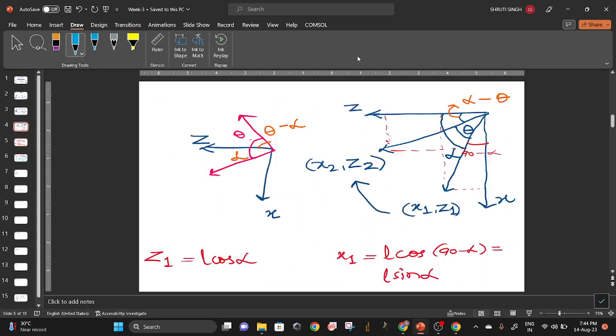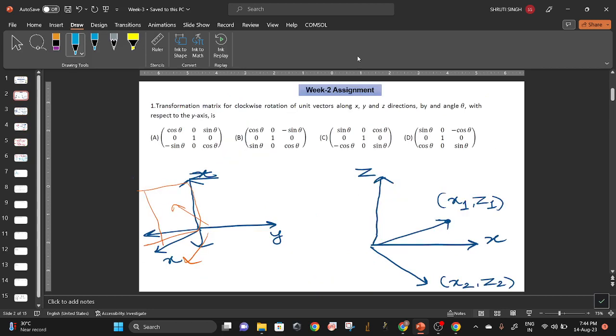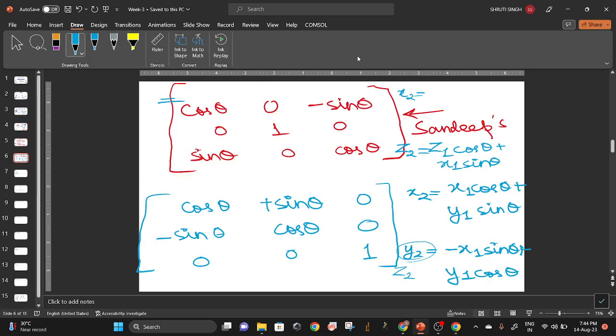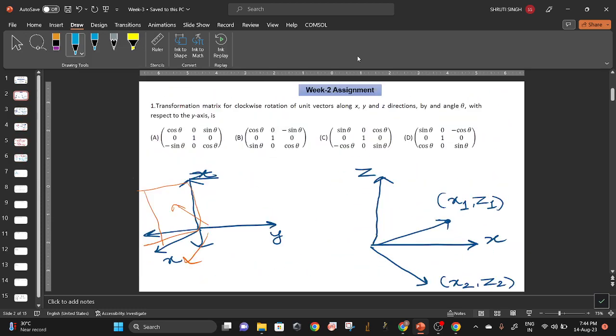So let's see the next one. None of them are matching really. B1 is not the same. What we got: cos minus sine, sine cos. B is matching, ma'am.